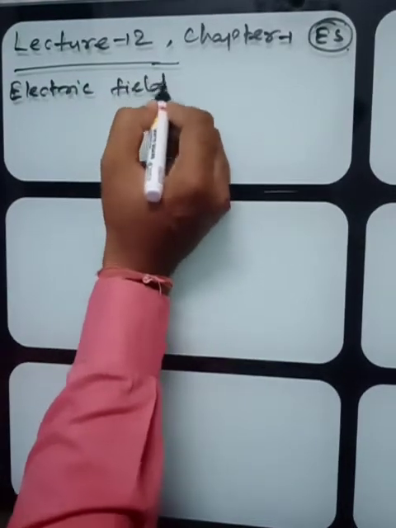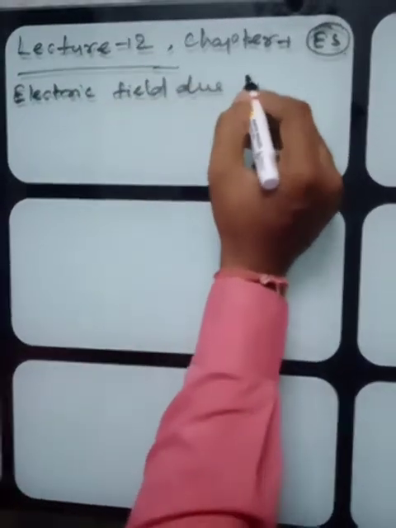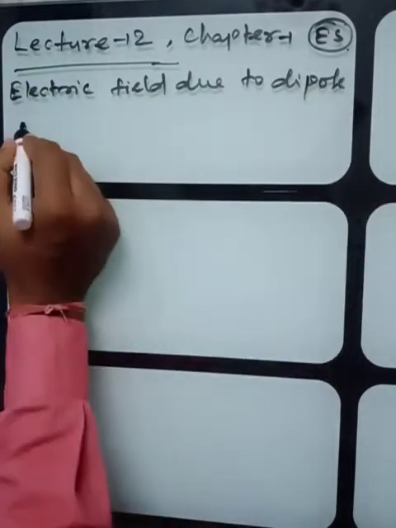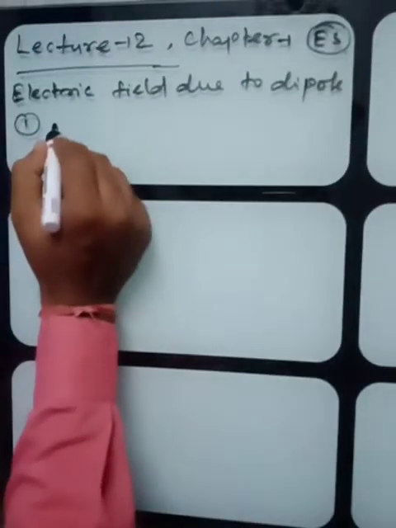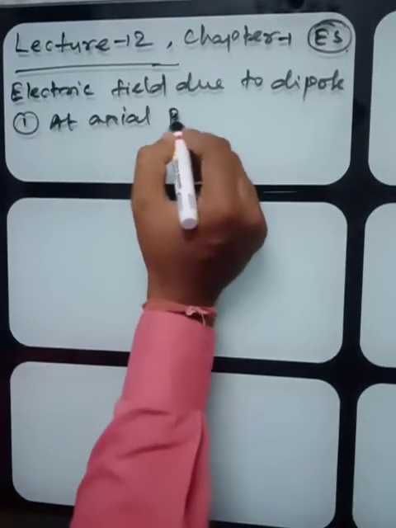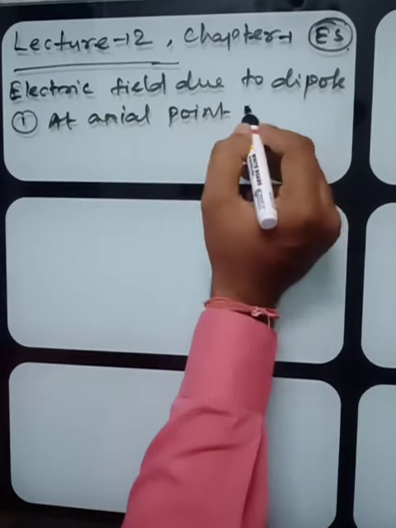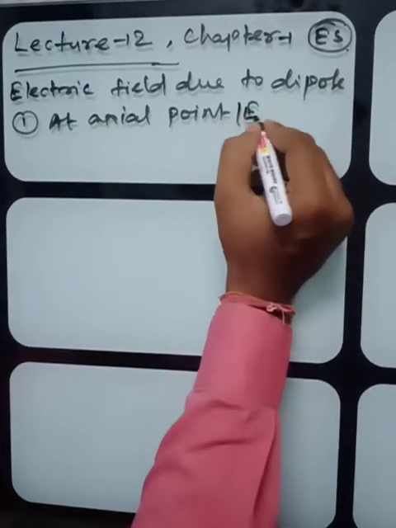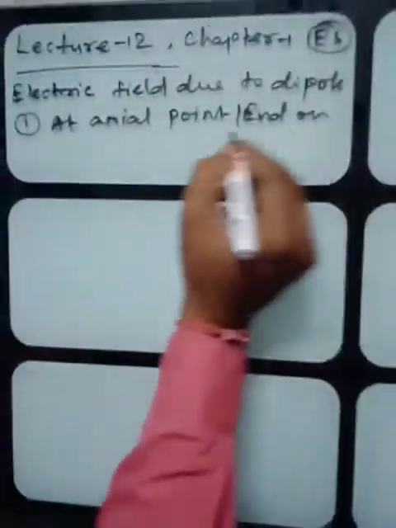Electric field due to a dipole at the axial point. This is also called the end on position.